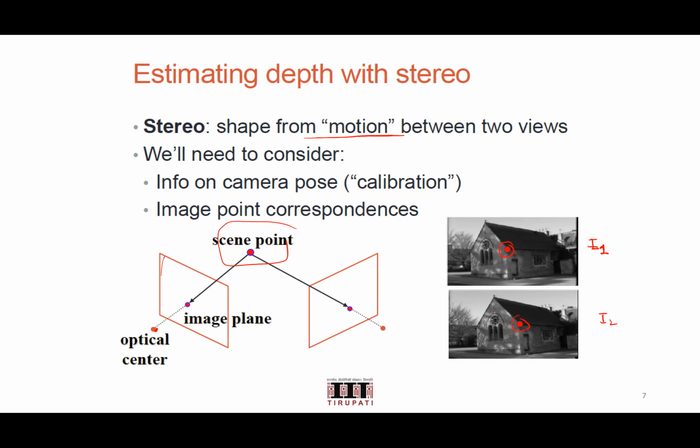So any intuition on what you would expect for an object which is closer? The term used for this, instead of saying the motion between the two views, which is slightly inaccurate, but has been given that way to make it clearer, is disparity.